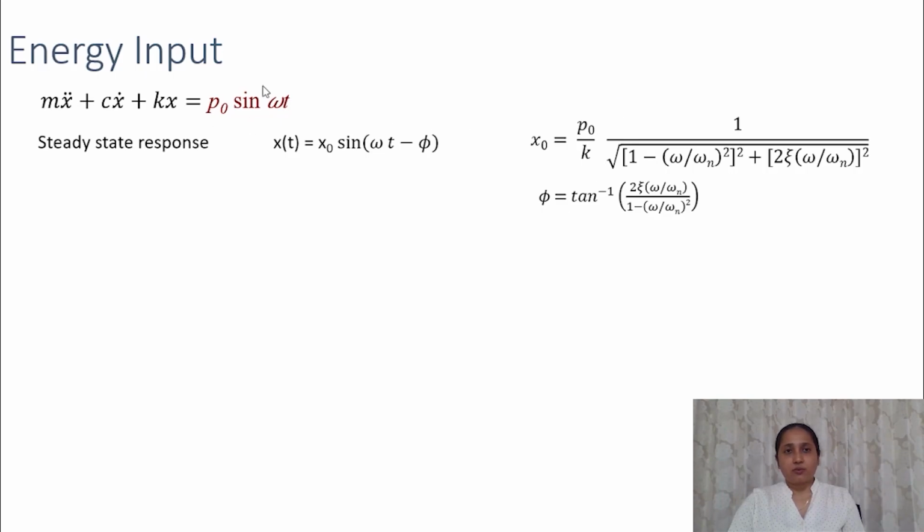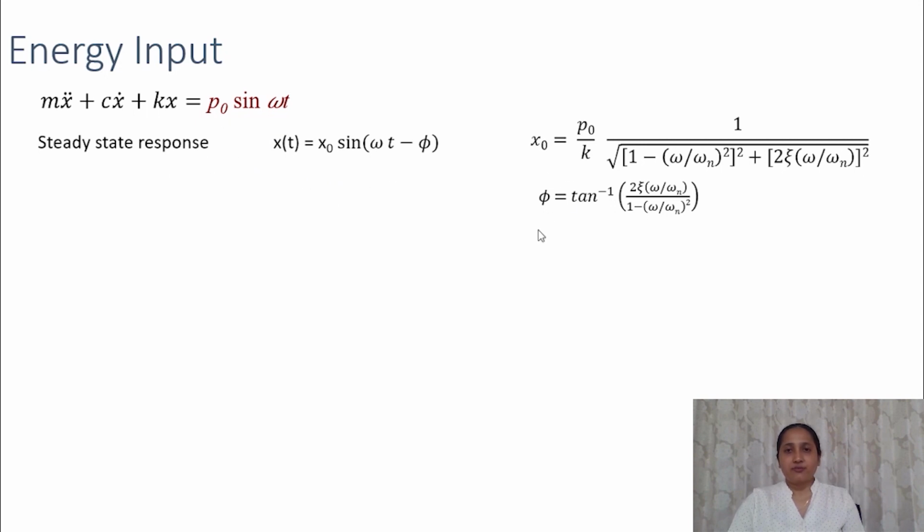That is, if this force was a static force, the response would have been P naught by K, that is force by stiffness. So this P naught by K is the static response of the system, and if you multiply it with this factor, which is called dynamic response factor, we will get the amplitude of this steady state response.